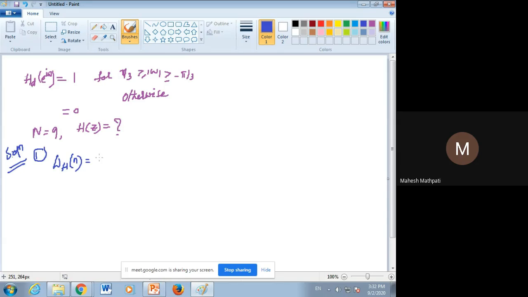What is the formula of the Hamming window? 0.54 plus 0.46 into cos 2 pi n upon n minus 1, for minus (n minus 1) by 2 less than or equals to n, less than or equals to (n minus 1) by 2.